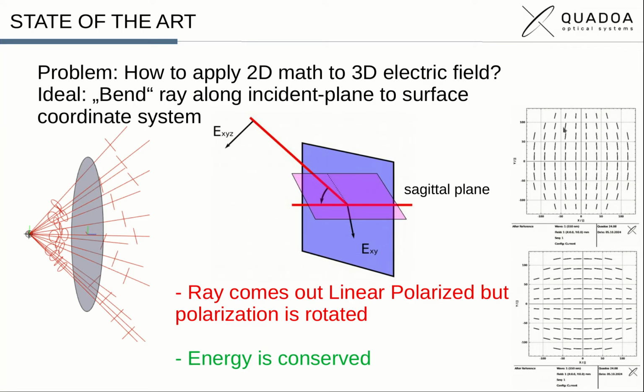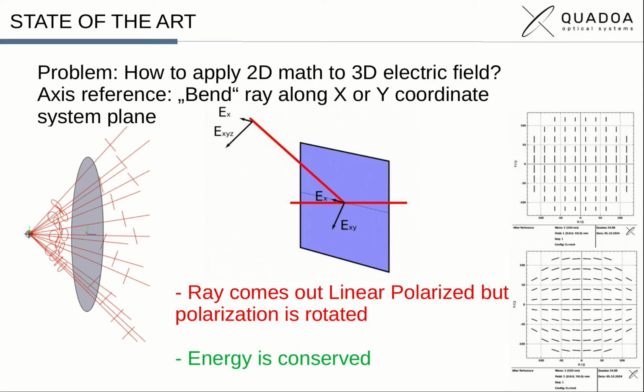However, if you look at, for example, in this case, we have these circular polarized rays, and they hit the surface under an angle, and then we get linear polarized light out of the linear polarizer. However, the polarization is rotated depending on the position of the pupil.